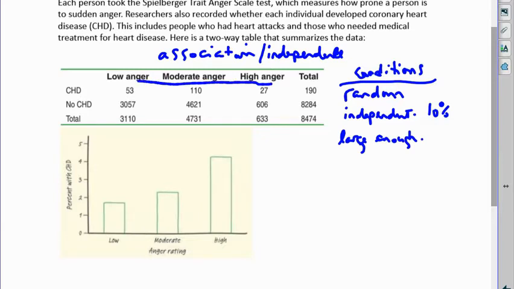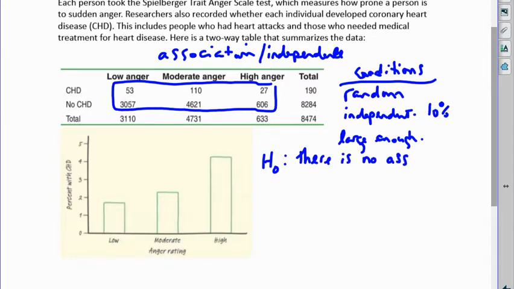So we would want to put this data into our calculator as matrix A. That would be our observed counts, and we would then generate, using the test, the expected counts. And my null hypothesis is going to be there is no association between anger level and heart disease.